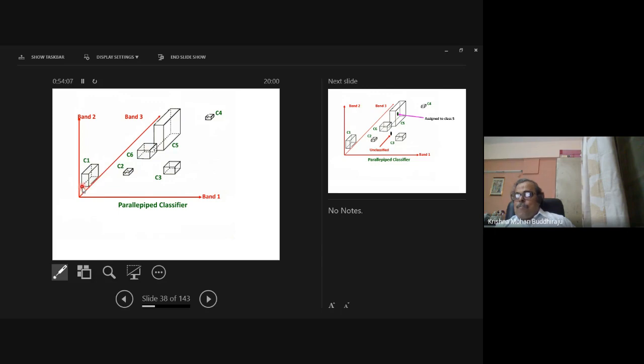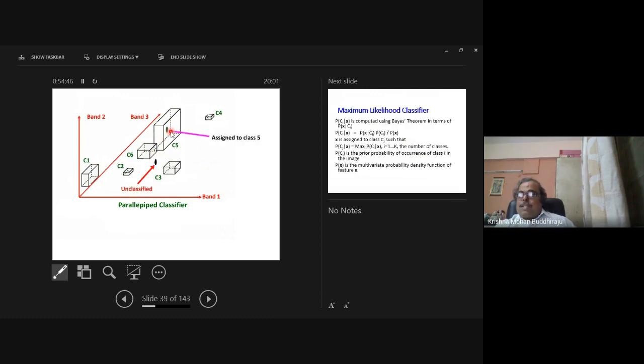From the samples, if you establish the extreme values in band 1, from here to here, in band 2 from here to here, and in band 3 here to here, then you have essentially a box, and if any sample values are within the bounds of any of these boxes, it will be assigned to that class.